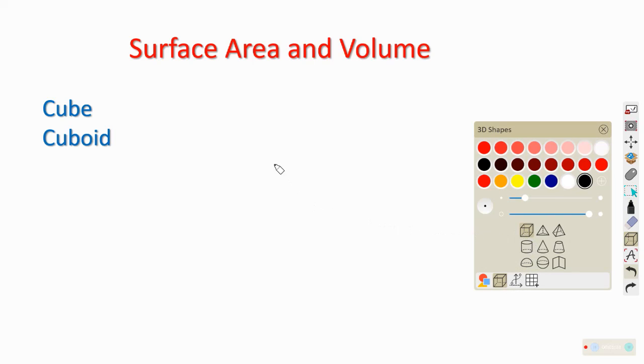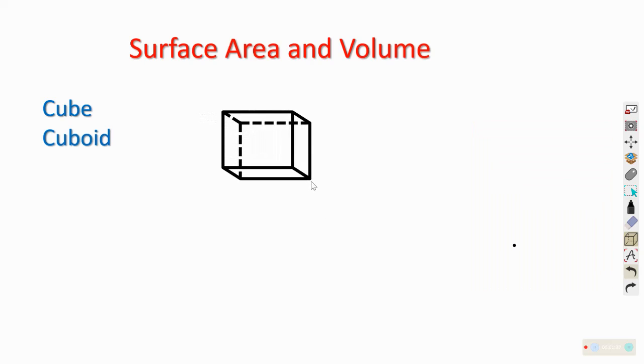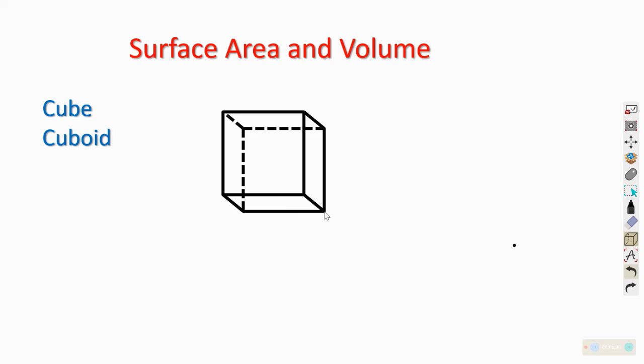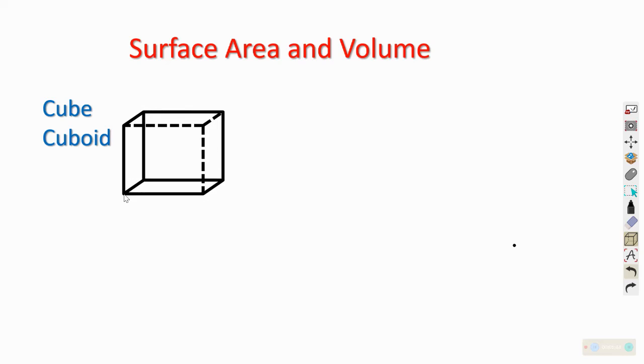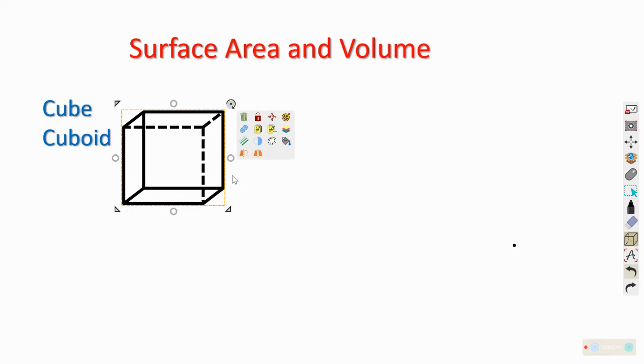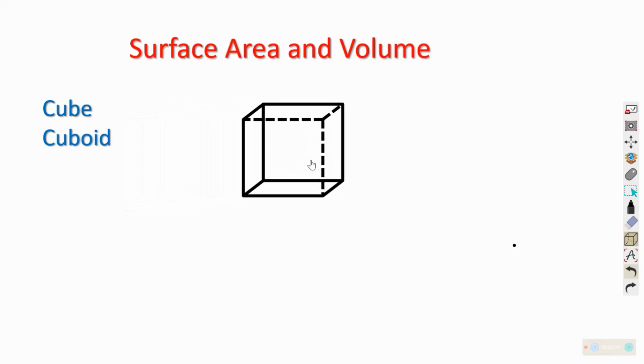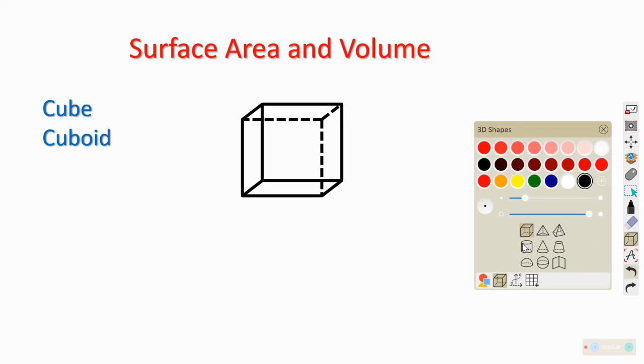Let me take this to draw a cube first. Whenever we say cube, cube can be like this, cube can be like this. Most important thing that we remember whenever we think about a cube is its all sides will be equal. That is what makes a cube a cube. If I show the cuboid along with, you will understand the difference.